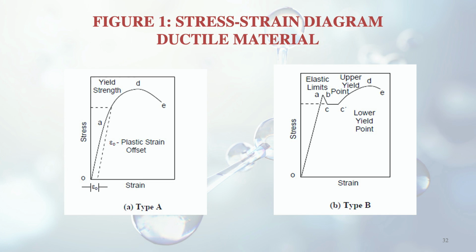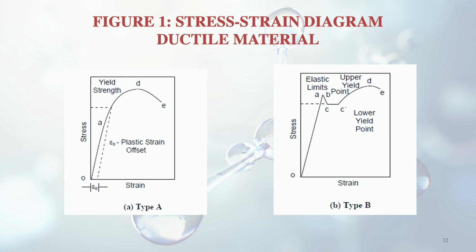Here are two diagrams representing the stress strain diagram for ductile materials. The first one is type A of ductile materials, and the second one is type B. Now we discuss the first type, A. You can see on the abscissa, or the x-axis, strain, and on the y-axis, or the ordinate, stress.